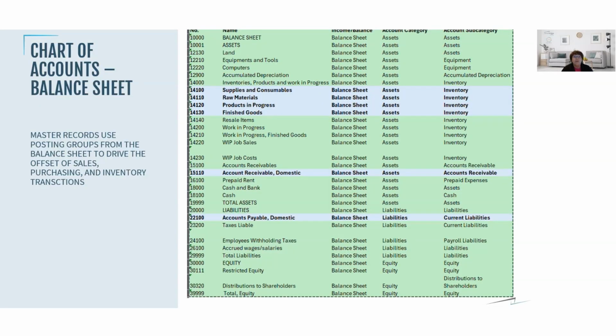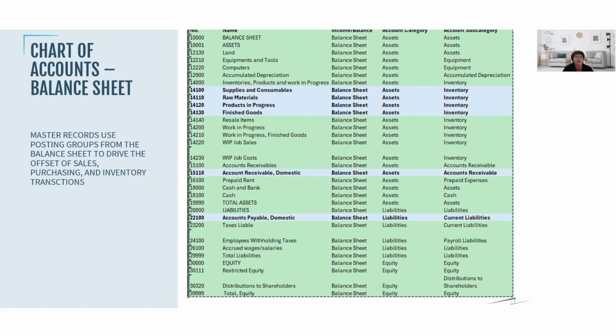So first off, looking at our customer, vendor, and inventory posting groups, your master records use the posting groups from the balance sheet to drive that offset. When we look at our customer posting group, we're identifying what our accounts receivable account is out of the balance sheet.